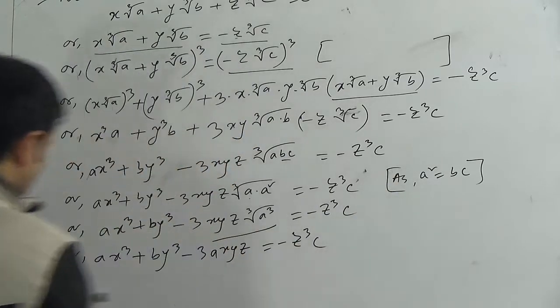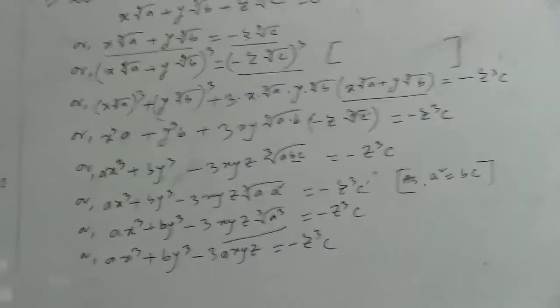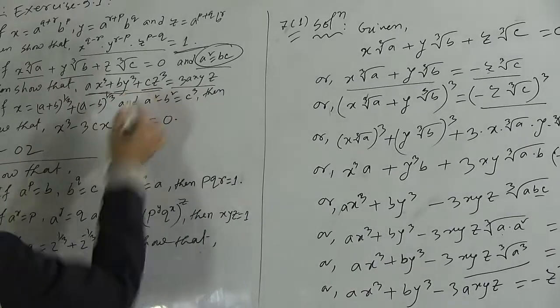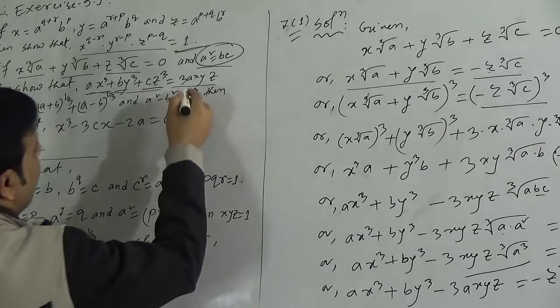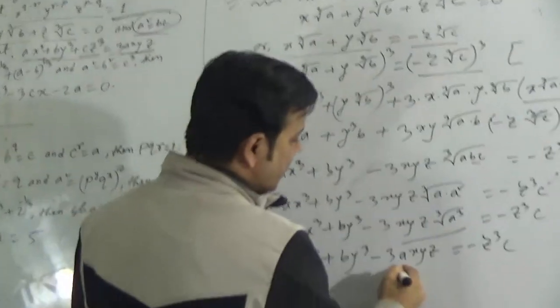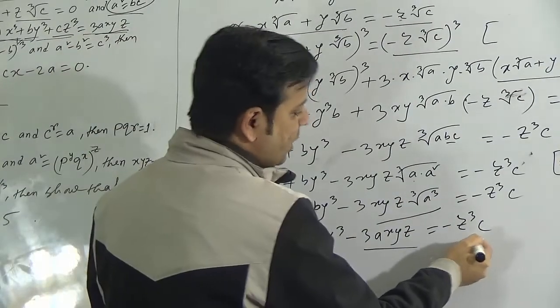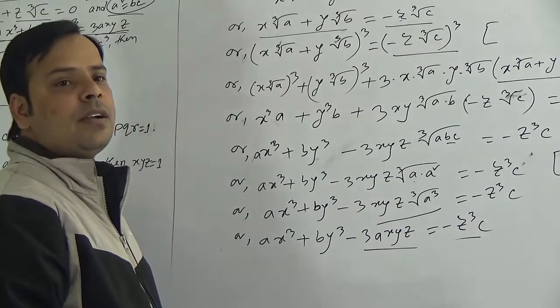Okay, dear students. So now look at the question again. What we need to show? We need to show that a x cube plus b y cube plus c z cube is equal to 3 a x y z. It means that we have to shift 3axyz to the right side and we have to shift minus z cube c to the left side.